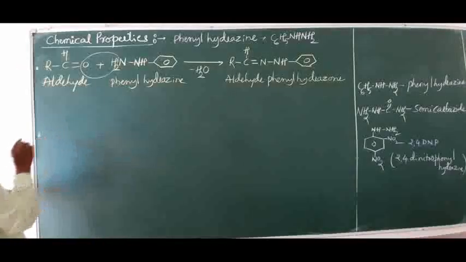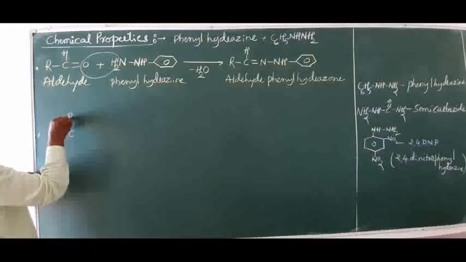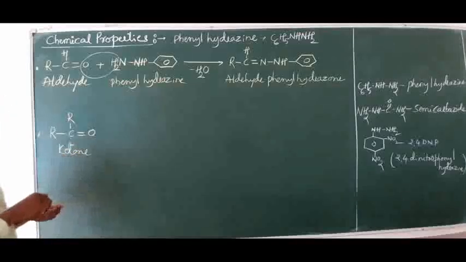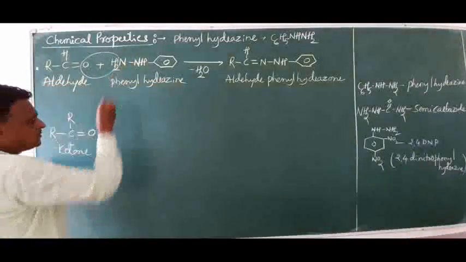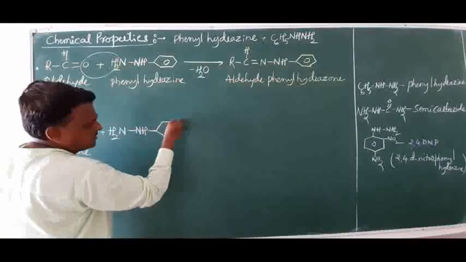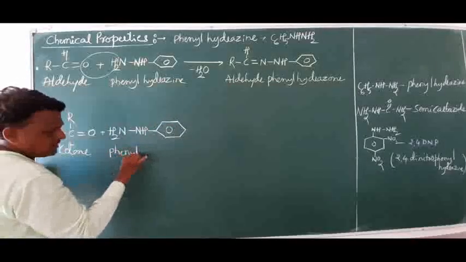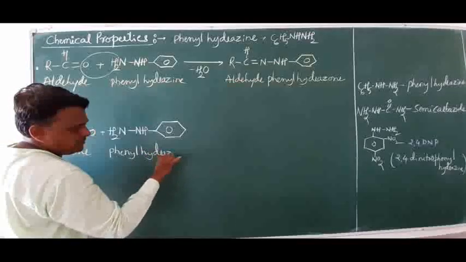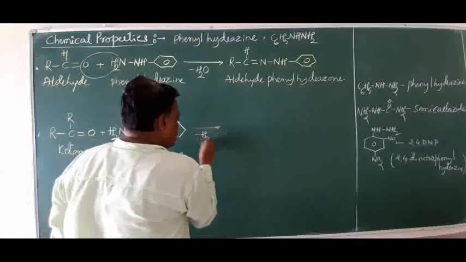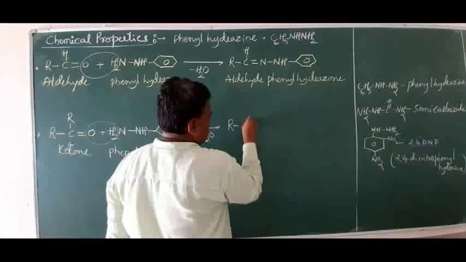Now the general reaction of ketones. You can practice with an example. This is R-C(=O)-R, your ketone. When a ketone reacts with the same compound, H2N-NH-C6H5, phenylhydrazine, with the loss of water, the product is R2C=N-NH-C6H5, where R is your alkyl.